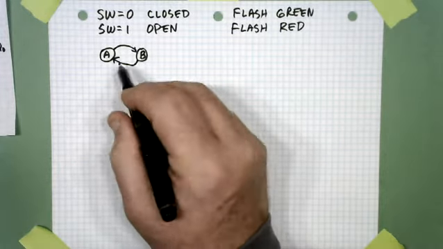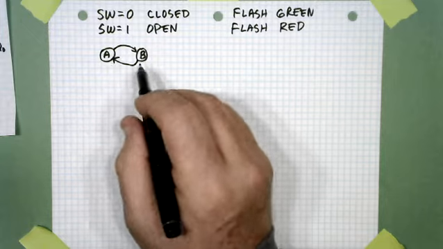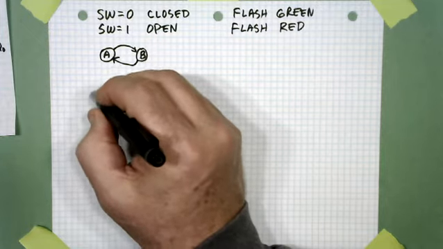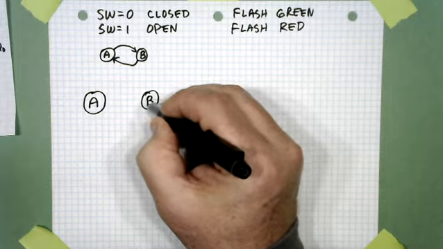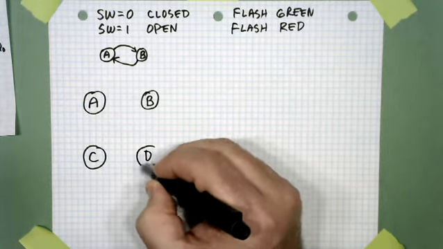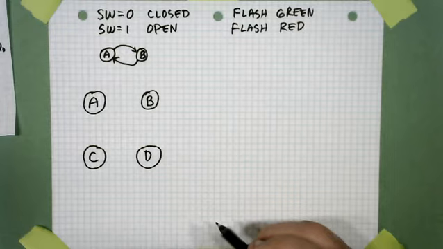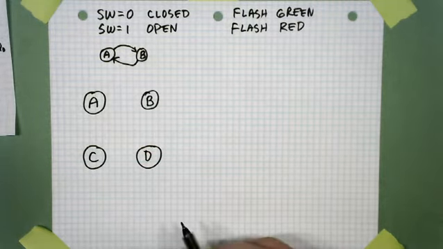So we need a pair of states to flash green and a pair to flash red. So let's put our A bubble and our B bubble here. We'll add another pair, C and D, so that when we want to flash red, we don't have any confusion. These two states are going to be associated with a green LED, so we need another pair.